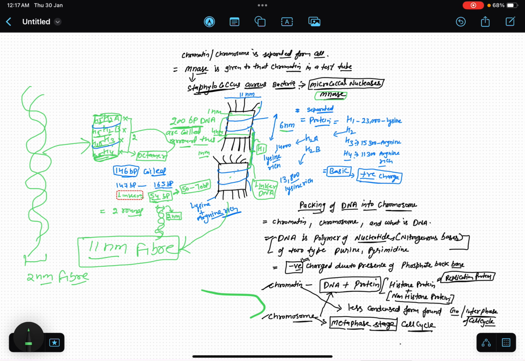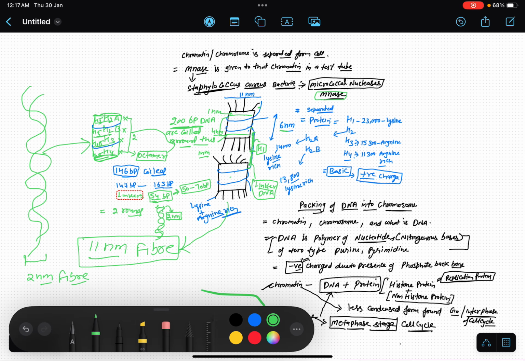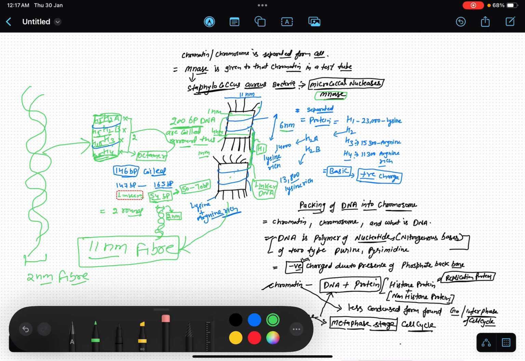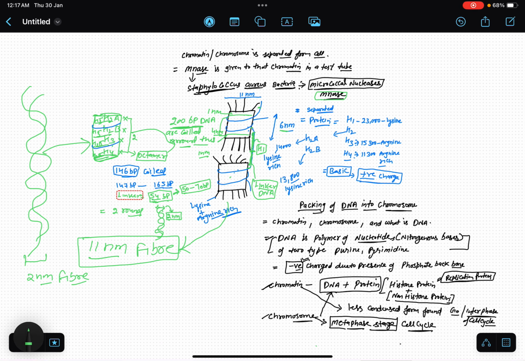This DNA is further coiled like this. This is one octamer, this is second, this is third, this is fourth, fifth and sixth. 3 on one side and 3 on the other side.